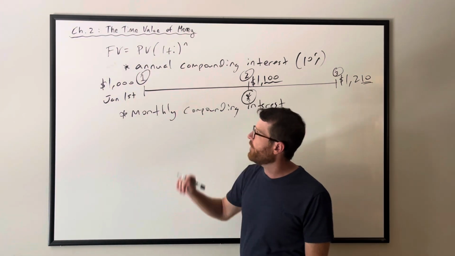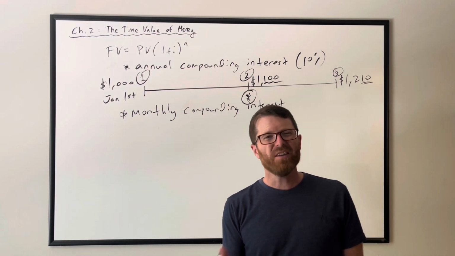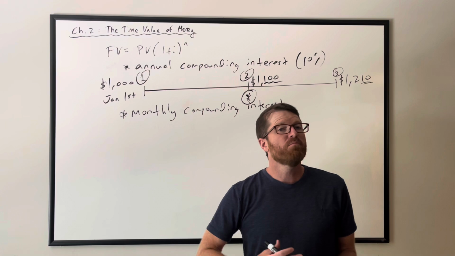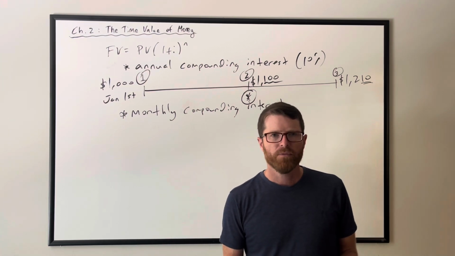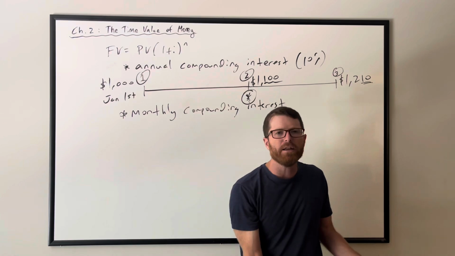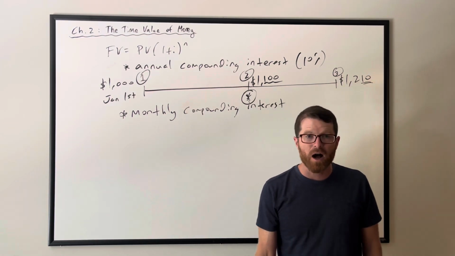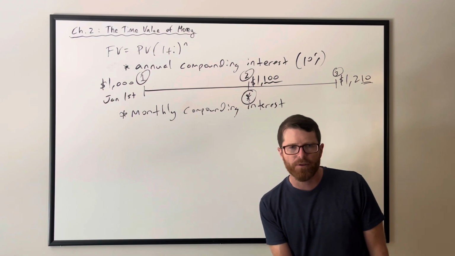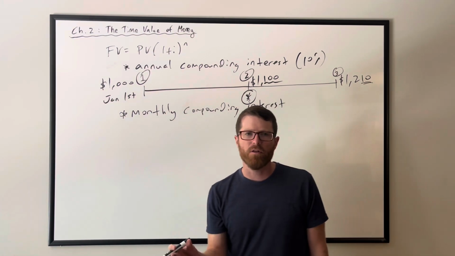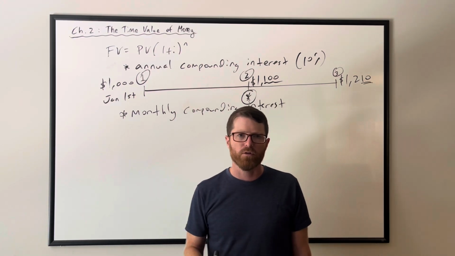If you put $1,000 into a savings account, because bank accounts and bank statements are usually monthly, they use monthly compounding interest. That means after the first month you invest, they will immediately start to reset the clock on your compounding interest. So after 1 month, they reset the clock and they start solving for compounding interest. 2 months into the future, they do it again. So in monthly increments, you get compounding interest.